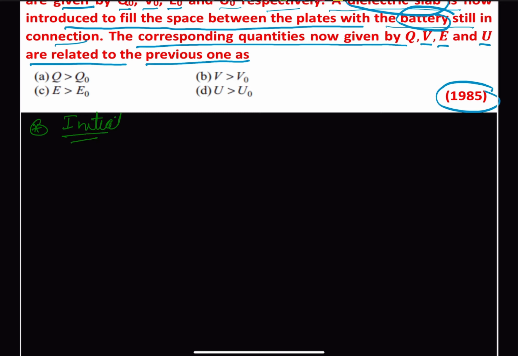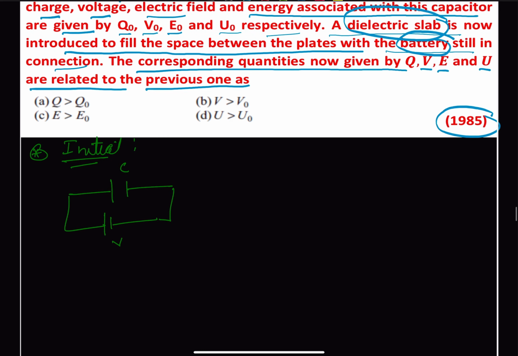Under initial condition, we have a capacitor C, connected to a battery V. In this initial condition, the charge is Q naught, voltage is V naught, electric field is E naught, and energy is U naught.